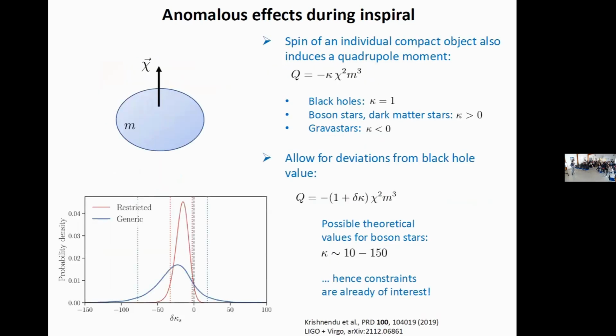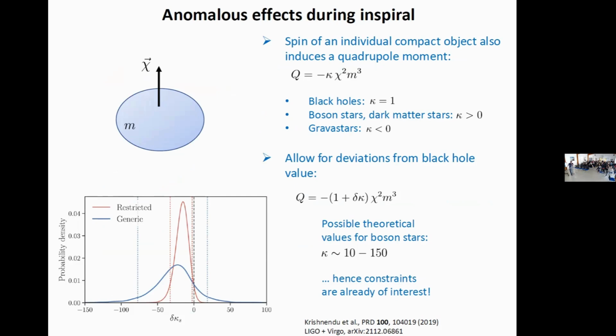Another anomalous effect you may have during inspiral is the following. The Earth turns around its axis and causes a centrifugal bulge; the Earth is bulging around the equator. For generic things made out of matter, such a thing will happen, for instance also for neutron stars. But it will also happen for things like boson stars, certain black hole mimickers.